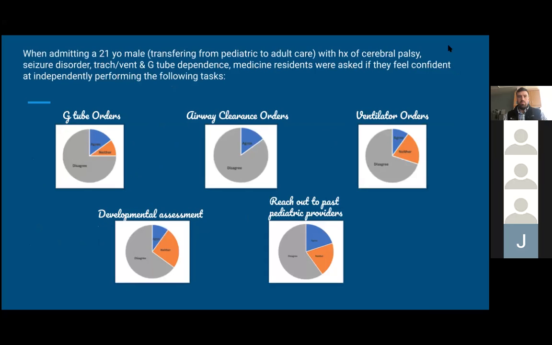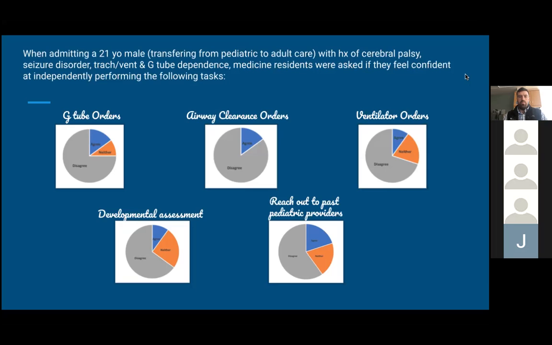And then other data from our survey, based on the responses we had last night. We asked about confidence with doing some of these more inpatient medical care activities to take care of complex young adult patients: ordering feeds through G-tubes, airway clearance orders, ventilator orders and care, reaching out to pediatric providers, and developmentally assessing our young adult patients.